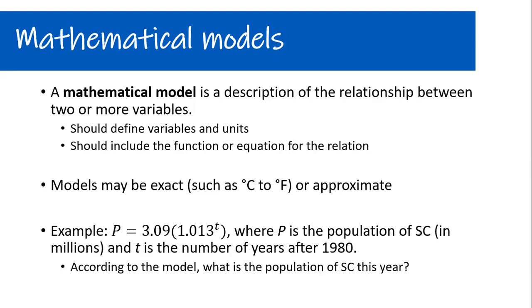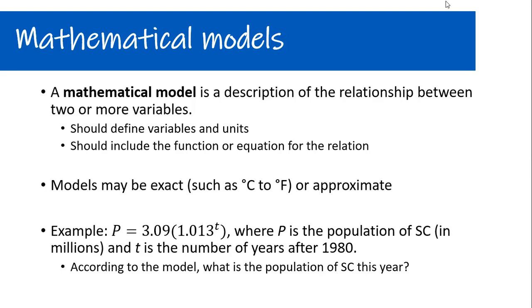So, for example here, P equals 3.09 times 1.013 to the T, where P is the population of South Carolina in millions, and T is the number of years after 1980.